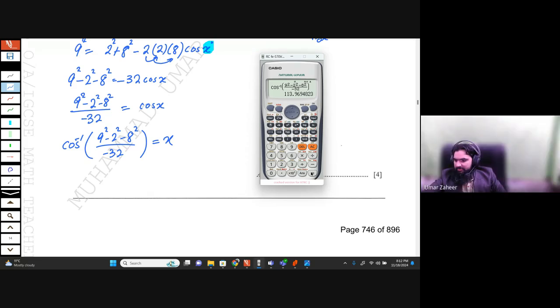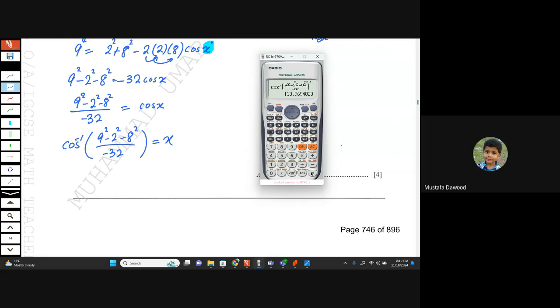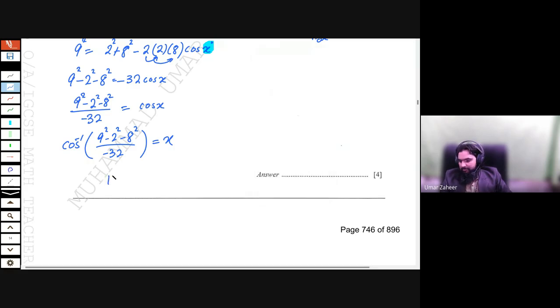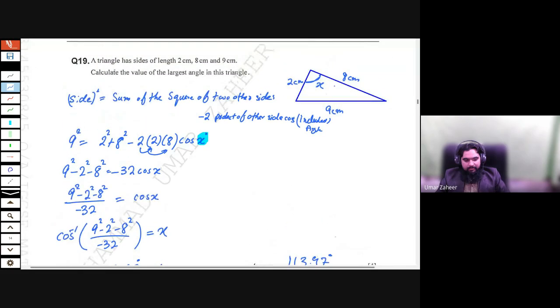No, I'm getting something different. Okay, so it's minus 32 out of minus 35. So it will be 113.96, and 96 will become 97. So 113.97 degrees. Yes, everyone, is this question clear?